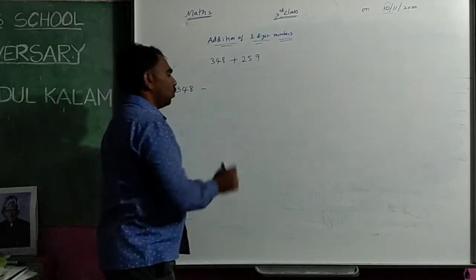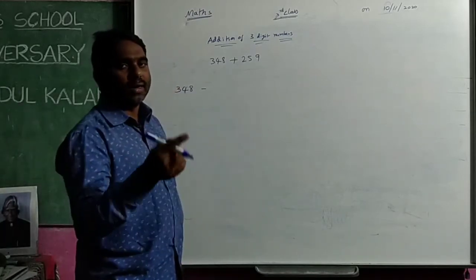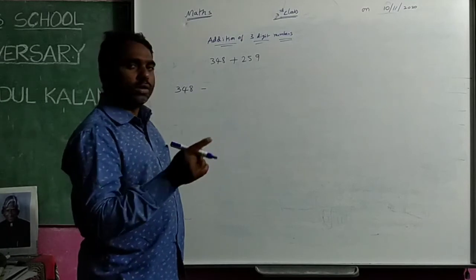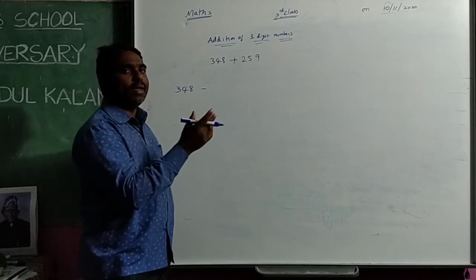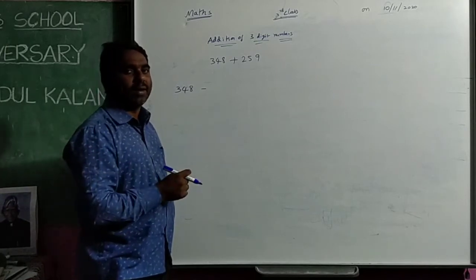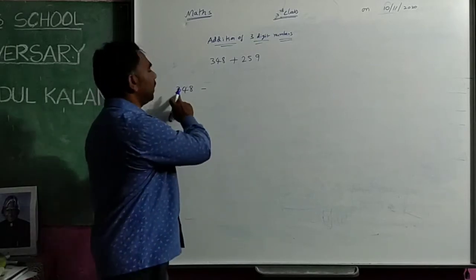348 means, you know that 3 hundreds, 4 tens and 8 ones. So split the number by using expanded form. 3 hundreds.